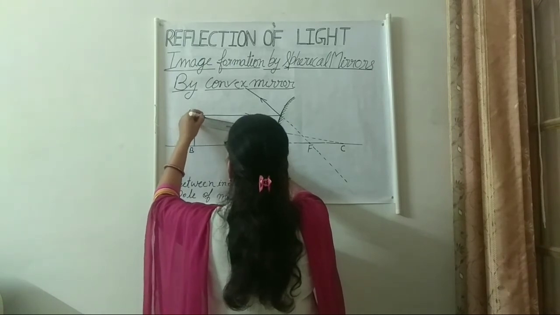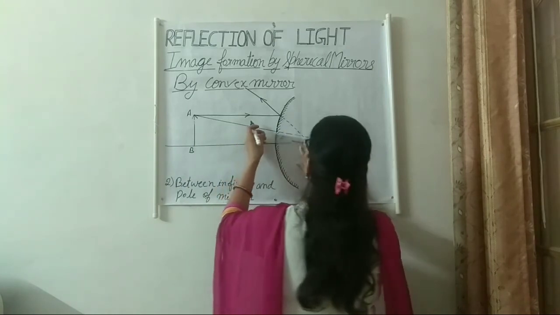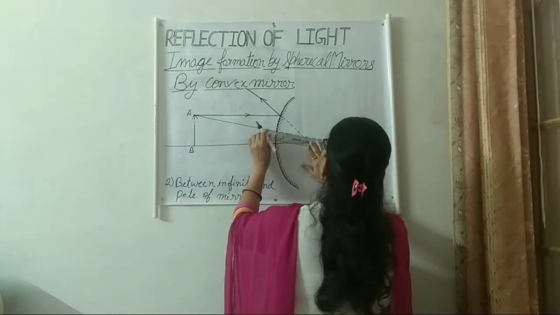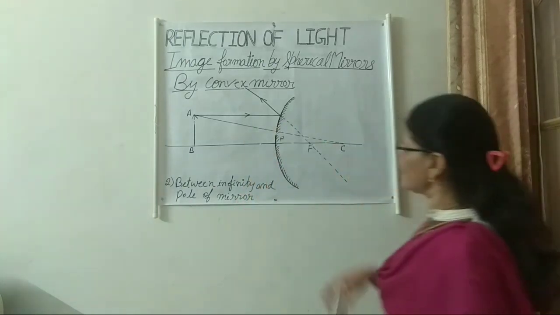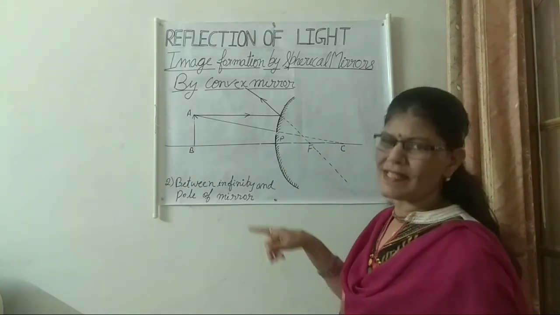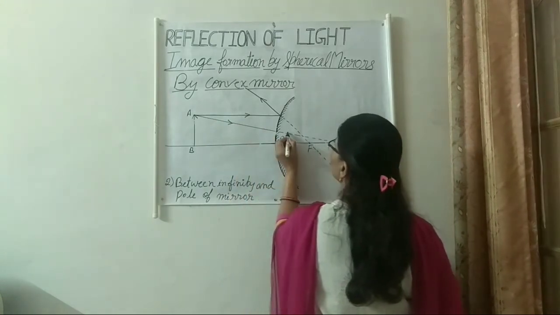I'm not having a big scale, so it's a bit difficult for us, but it should be like this only. When the incident ray is directed toward the center of curvature, the reflected ray will also go in the same direction. So this is the incident ray and we can put the arrow like this.